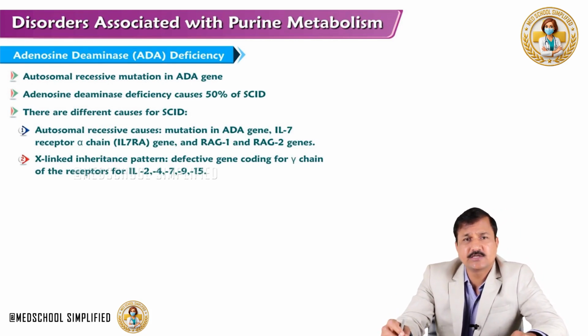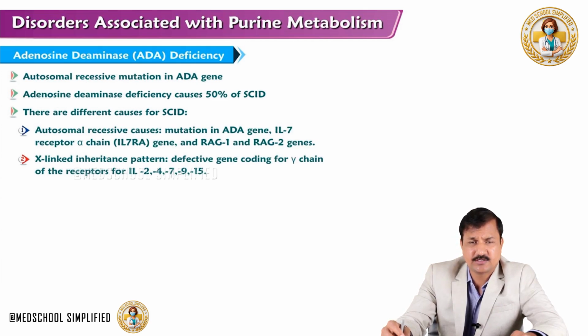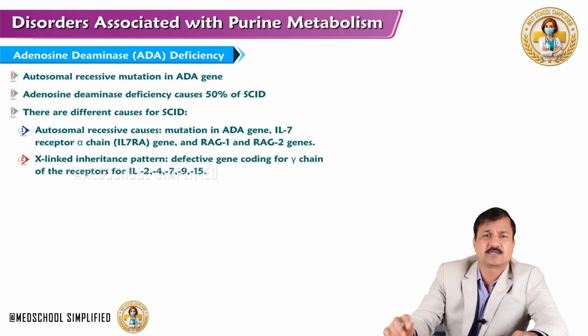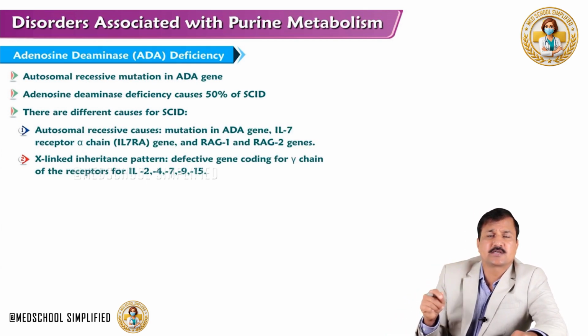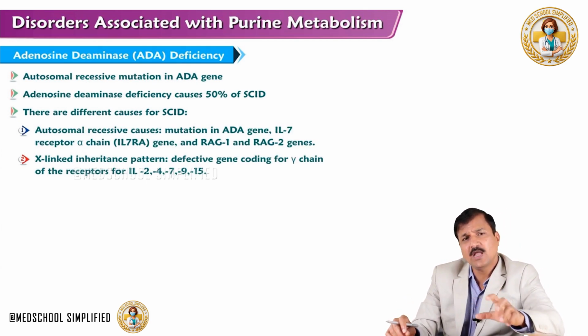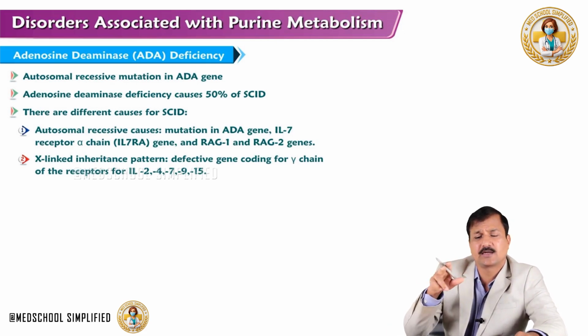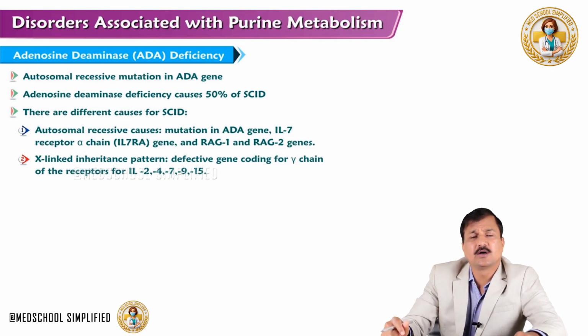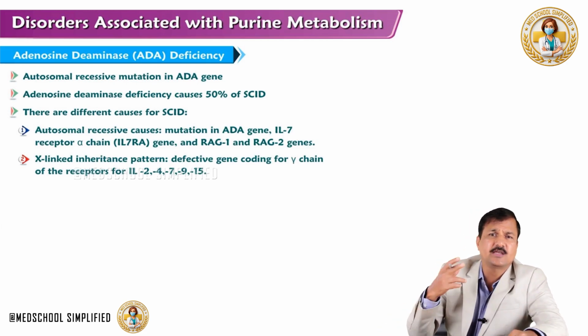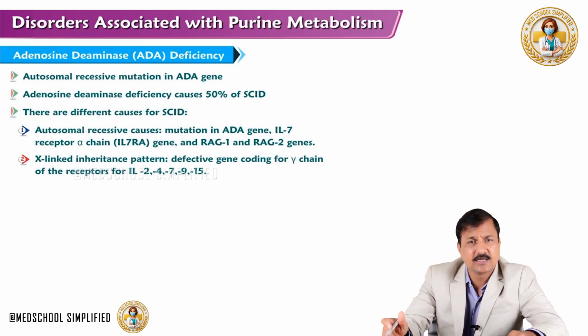Coming to adenosine deaminase enzyme deficiency, ADA deficiency. Note that adenosine deaminase is the enzyme that converts adenosine into inosine in the purine salvage pathway, and inosine is converted into hypoxanthine. Hypoxanthine can come back into inosine monophosphate formation in the purine salvage pathway, or it can simply go into uric acid formation by the degradation process.